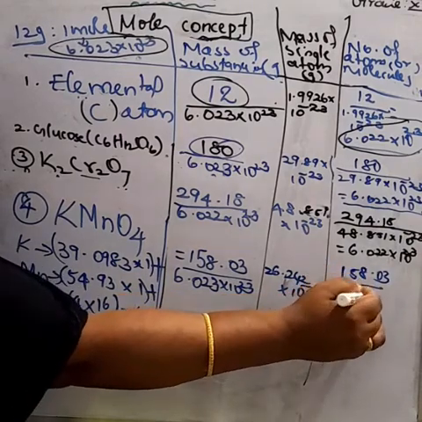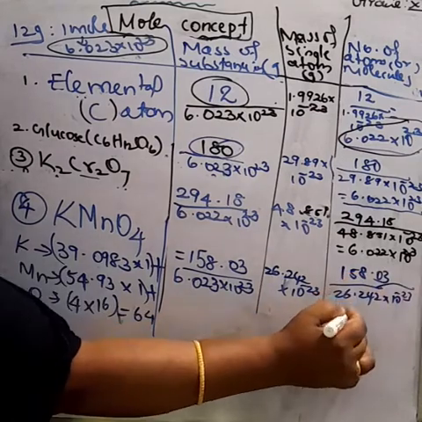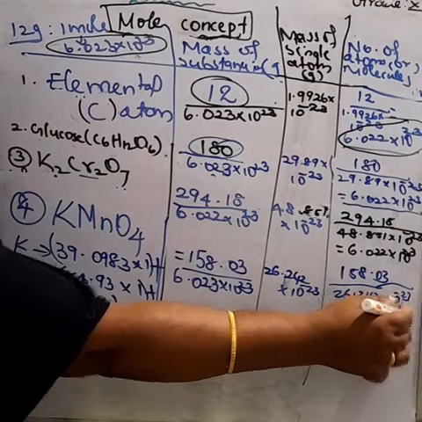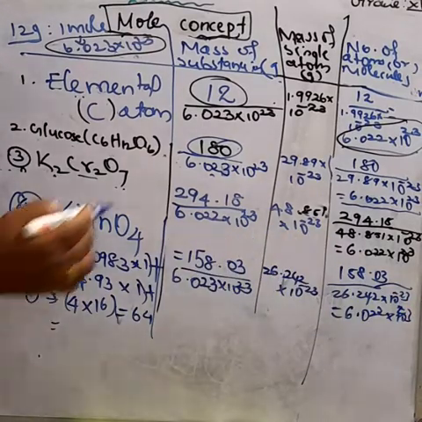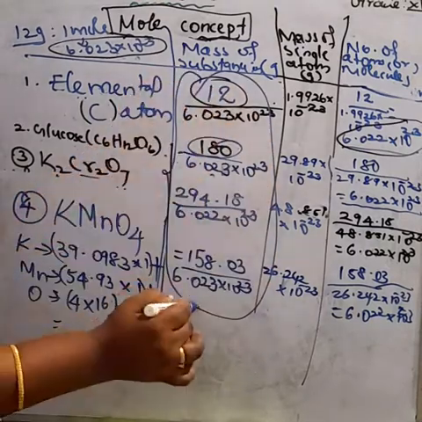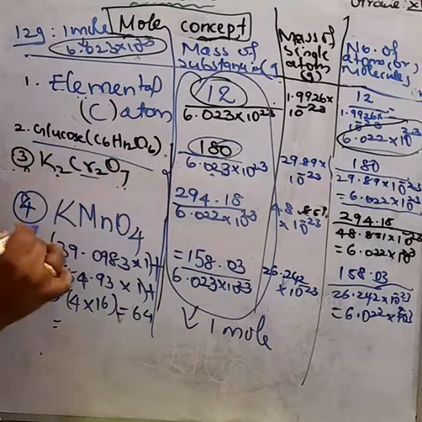Here we are taking 4 types of atoms or molecules. For these 4 types, the grams are different, but we take 1 mole of each: elemental carbon 1 mole, glucose 1 mole, potassium dichromate 1 mole, potassium permanganate 1 mole.